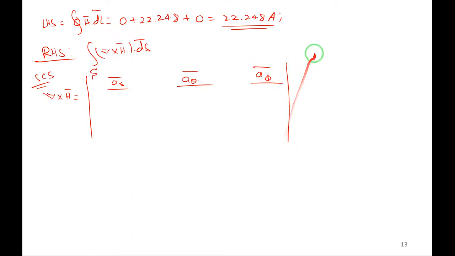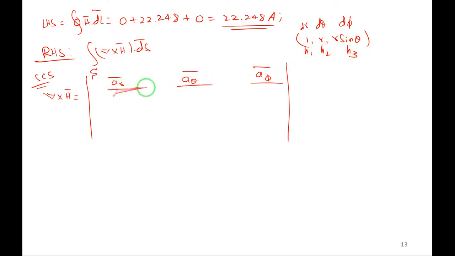We will see what that something is. So scale factors are 1, r, r sin theta, and the differential elements are dr, d theta, d phi. This is not required here.